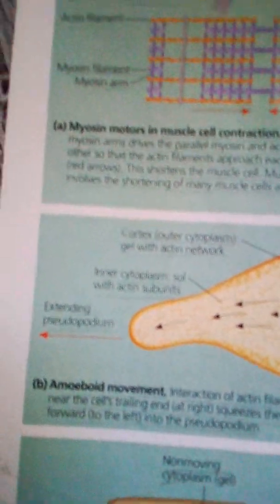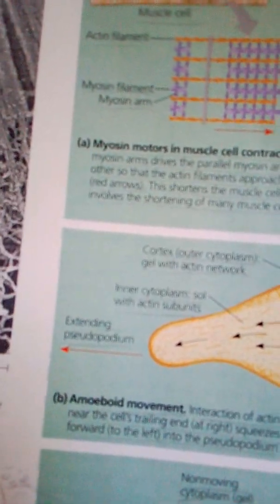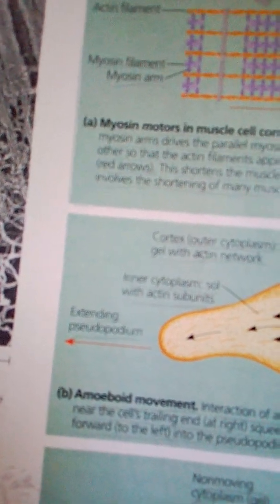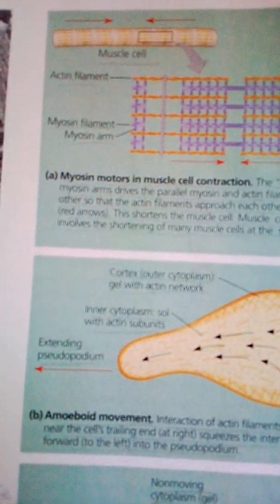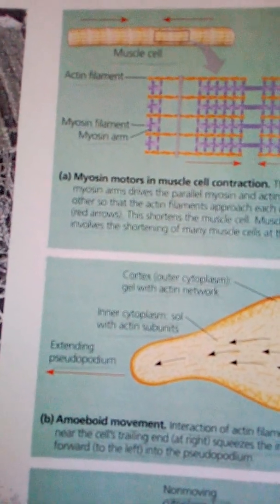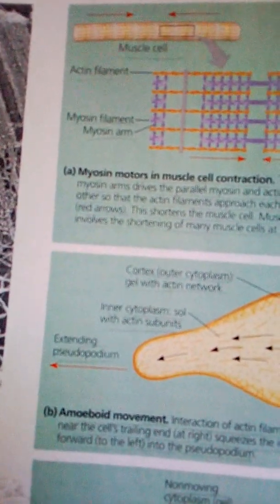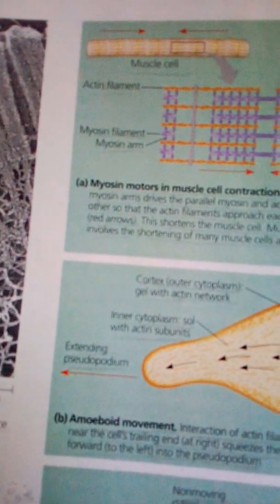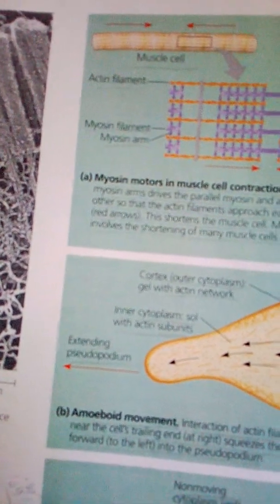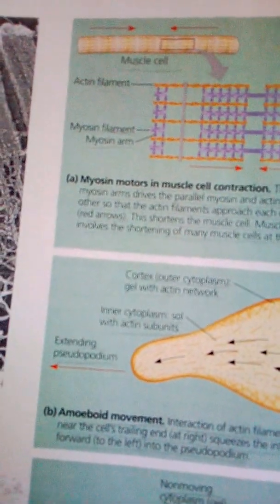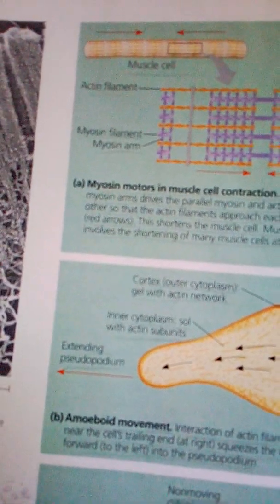Localized contraction brought about by actin and myosin also plays a role in amoeboid movement, in which a cell such as an amoeba crawls along a surface by extending and flowing into cellular extensions called pseudopodia, from the Greek pseudos, which means false, and pod, which means foot.